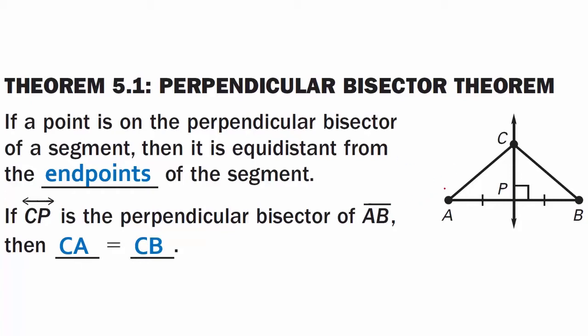So from this picture we can see that point C is equidistant from point A as it is from point B. And because we know it's equidistant, we can say that this segment over here, CA, is the same length as CB. And we can say that because the perpendicular bisector divides the line segment AB into two equal halves, creating these two congruent lines.